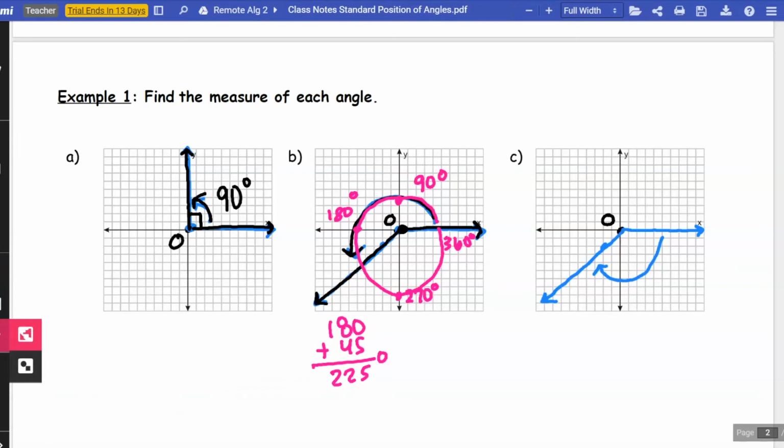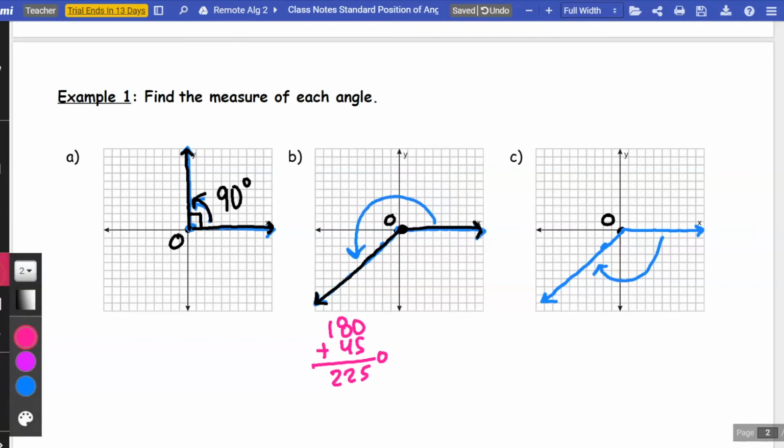So what I believe we have here is a 225-degree angle, and I'm just going to get rid of these extra markings because we don't need them. So this angle looks to me to be about 225 degrees.